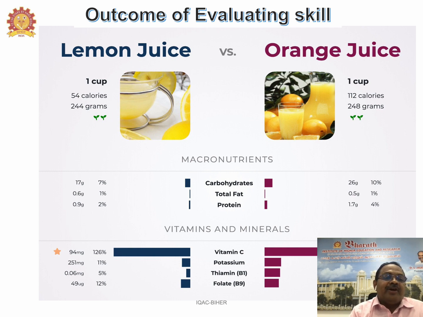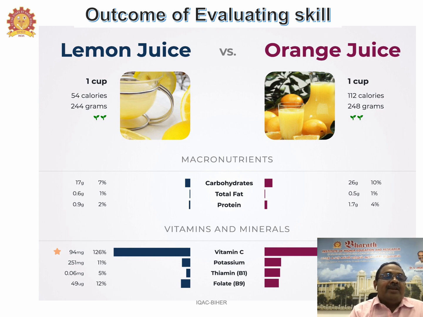Once it is classified, we check whether the same type of characteristics is available in any other fruits or not. Here we are taking the example of orange juice. In orange juice also there are carbohydrates, fat, protein, vitamin C, potassium, and all other minerals. We check those two things and we evaluate: yes, lemon is best.